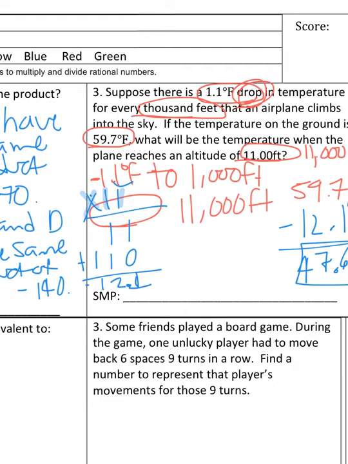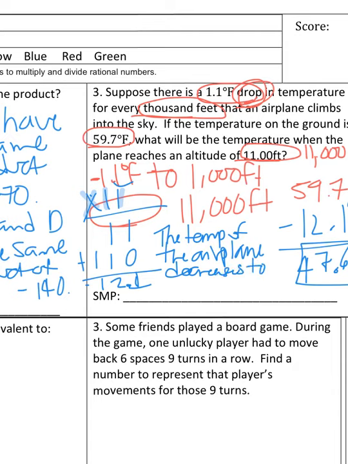The sentence is, the temperature of the airplane decreases to 47.6 degrees Fahrenheit at an altitude of 11,000 feet.